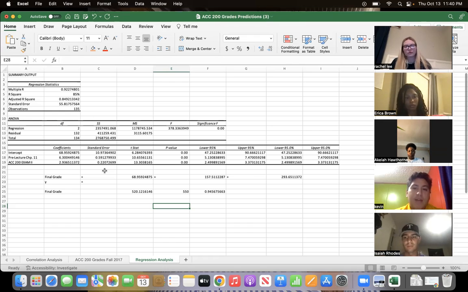Regression analysis also helps big companies to predict not only grades, but other stuff like their inventory, and to understand how different variables impact all these things as well.